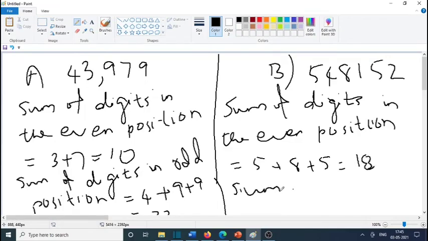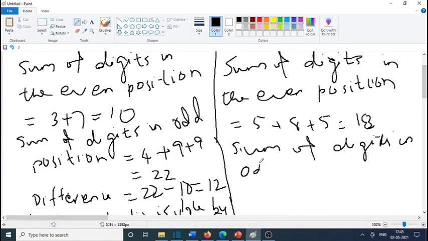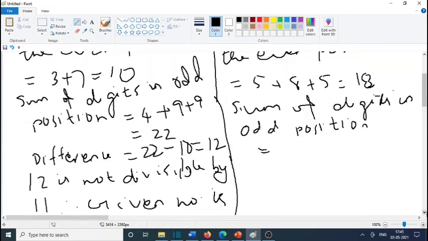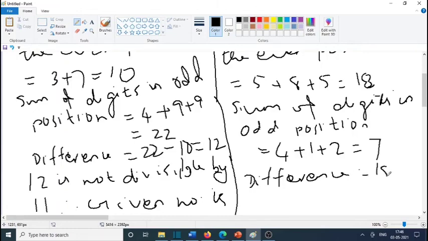Now the sum of digits in the odd position is equal to 4 plus 1 plus 2, which is 7. The difference is 18 minus 7, equal to 11.